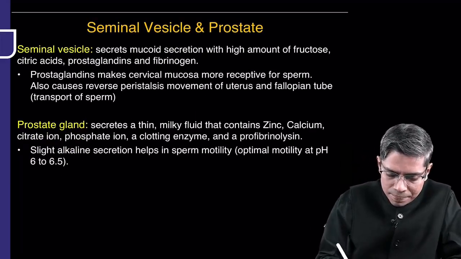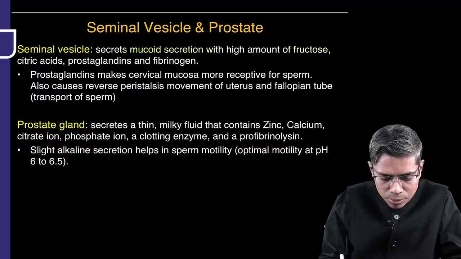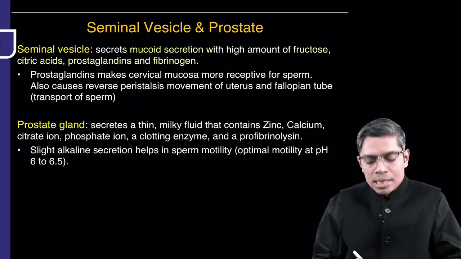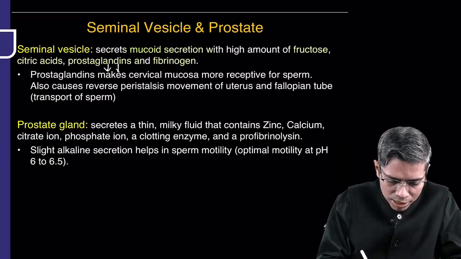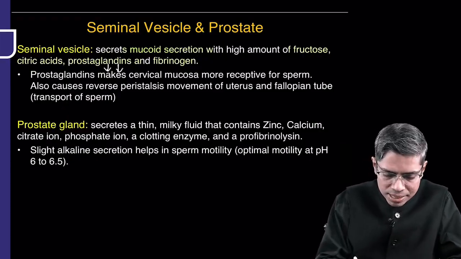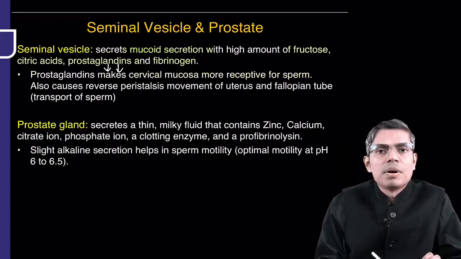So the seminal vesicle secretes a mucoid secretion with a high amount of fructose, citric acid, prostaglandin and fibrinogen. Now among the different components, this prostaglandin is one of the important components, which makes the cervical mucosa, as it is written here, more receptive to the sperm, right?